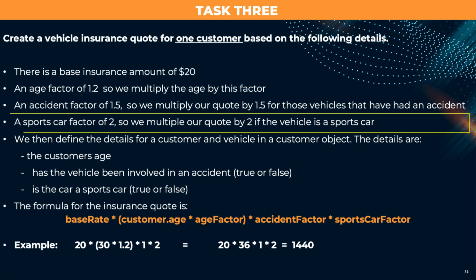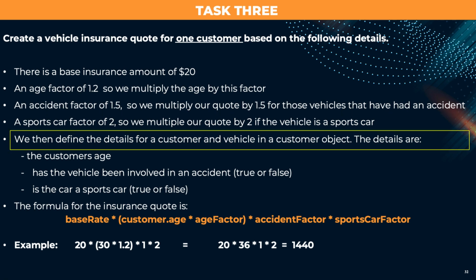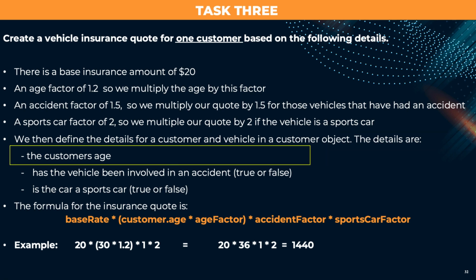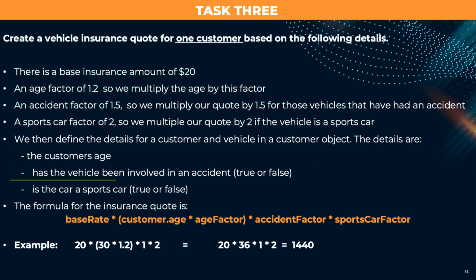A sports car factor of 2, so we multiply our quote by 2 if the vehicle is a sports car. We then define the details for a customer and vehicle in a customer object. The details are the customer age, has the vehicle been involved in an accident, true or false, is the car a sports car, true or false.